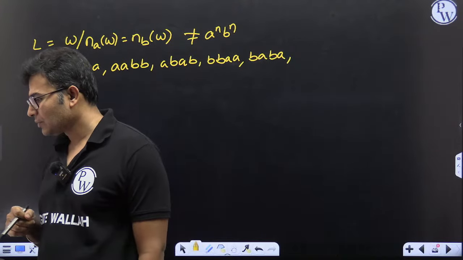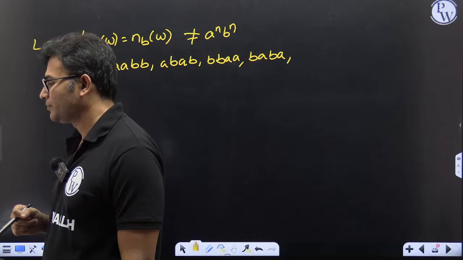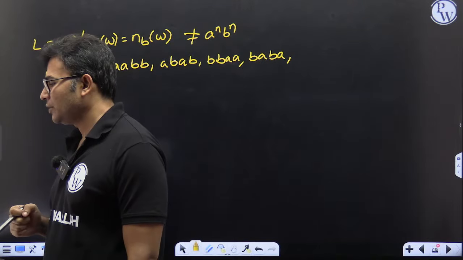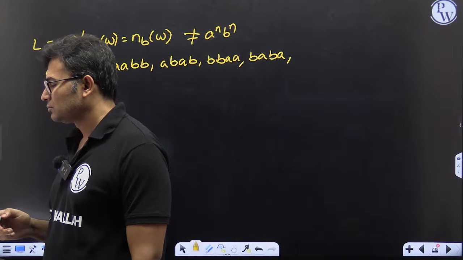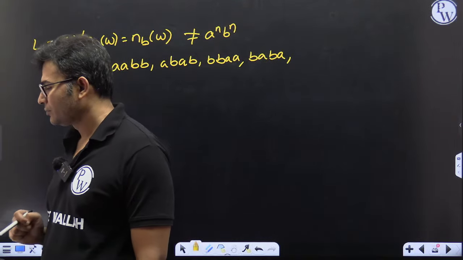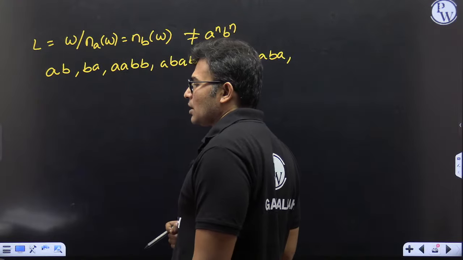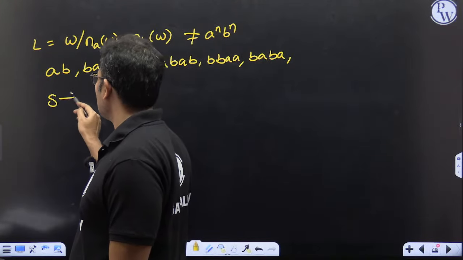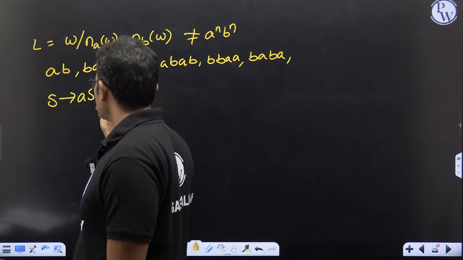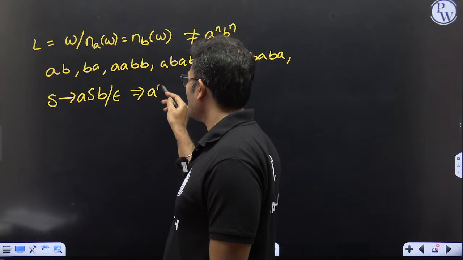Adesh, you have given the grammar for a power n, b power n also, right? So this is not the grammar. S derives a S b or epsilon is going to generate a power n, b power n.